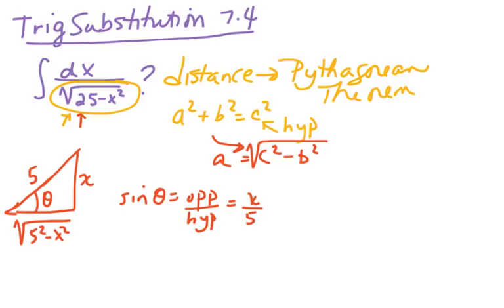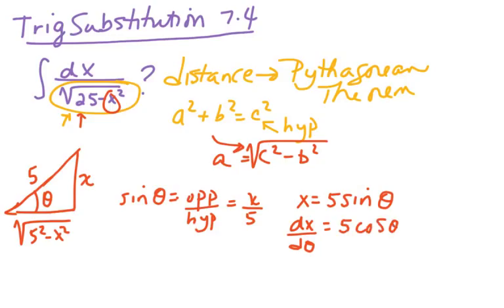If I solve for x, x is equal to 5 sine theta. Okay, so I've got x's in here. Let's take the derivative of x with respect to theta, and that's 5 cosine theta. So dx is equal to 5 cosine theta d theta.